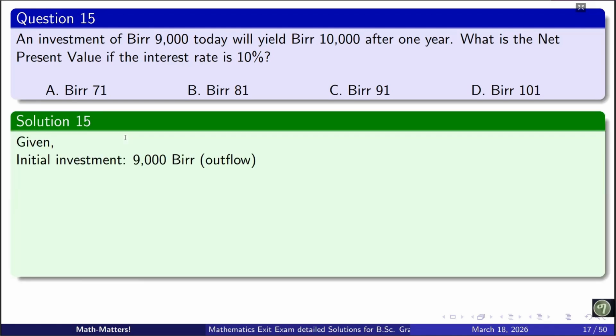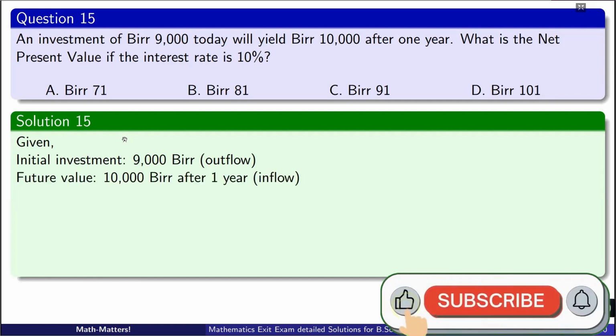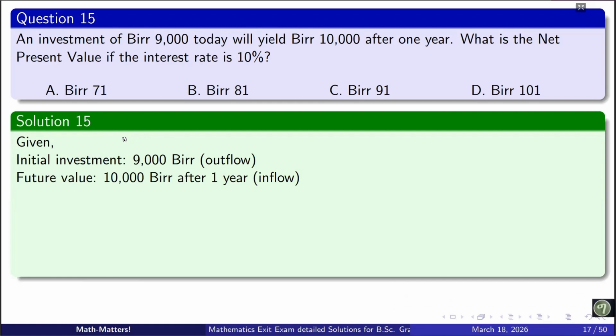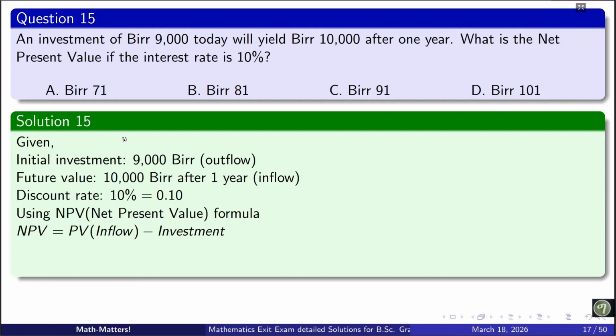What is given here is the initial investment of 9,000 birr, which is an outflow. And the future value, just after the investment, it is expected to yield 10,000 birr after 1 year, which is an inflow again.